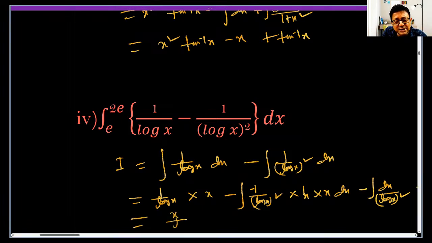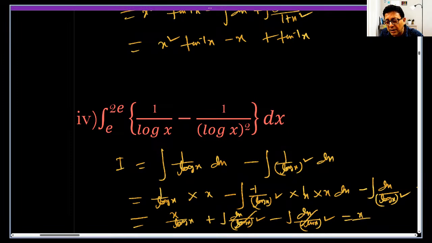So this will be x by log x. These two are getting cancelled. x by log x from e to 2e.